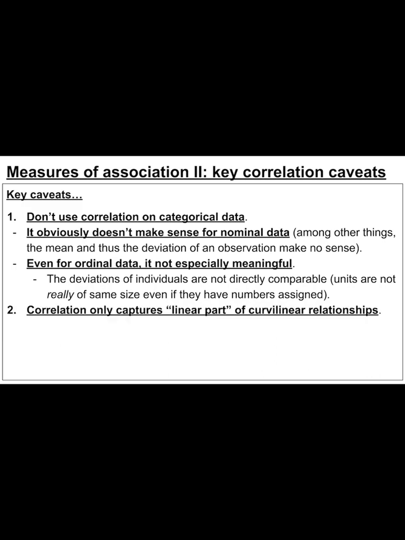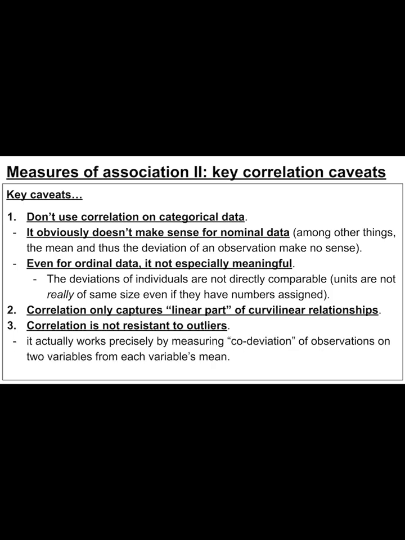Correlation, again, only captures the linear part of curvilinear relationships, so it does not tell us if 2 variables have, say, a perfectly parabolic relationship, that there's really anything going on there. In fact, if you have a truly exactly parabolic relationship, correlation ends up being 0. So it only captures linear relationships. It's not resistant to outliers, so if you have high weight observations that are also totally breaking a certain underlying pattern, those can show a correlation even where there's really not one in practice once you drop those.